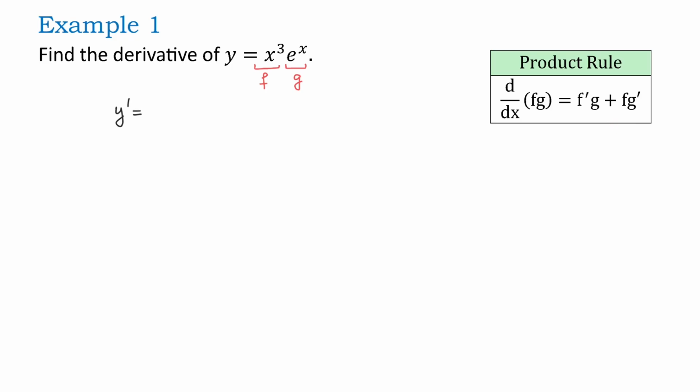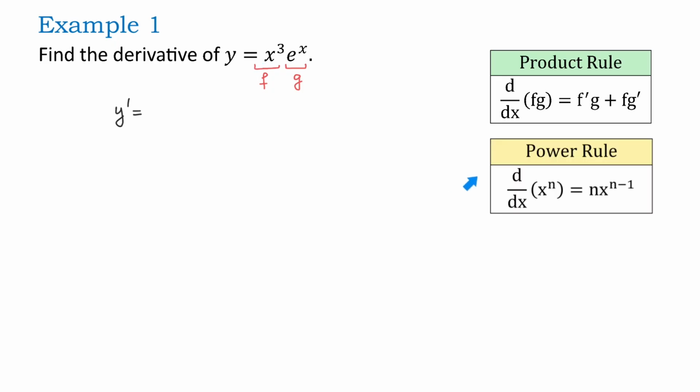In our example, to take the derivative of x cubed, we need to apply the power rule. According to the power rule, we will move the exponent 3 in front and we will decrease the exponent by 1. Then we will have 3x squared times e to the x plus, then here we will bring down the f function, which is x cubed, and we will multiply it by the derivative of the g function.